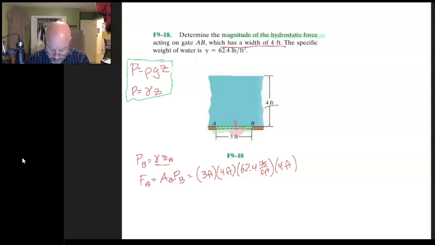Now let's look at the units. I got feet over foot cubed, cancels that guy right there, so all we're left with is pounds. And if we run those numbers, which I did already, what we're going to get is 29.95, and that's pounds. So that's just sort of straightforward using the pressure.